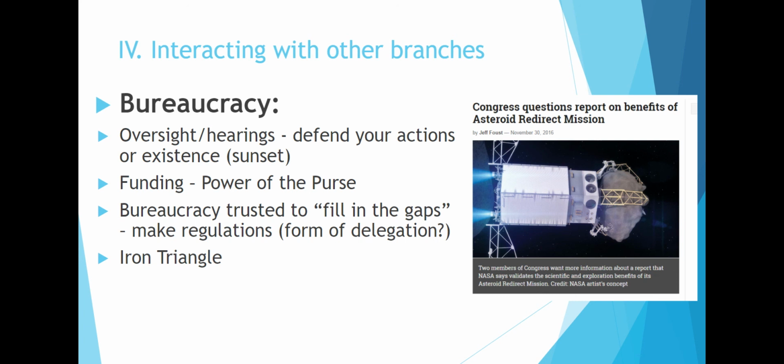This committee, this agency might be going away. Maybe there's a sunset provision saying once after a certain amount of time, this commission is going to go away. So maybe at this hearing, if you're a federal government employee, you have to defend the existence of your commission or your agency. Congress has the power of the purse. They determine funding for bureaucratic agencies.